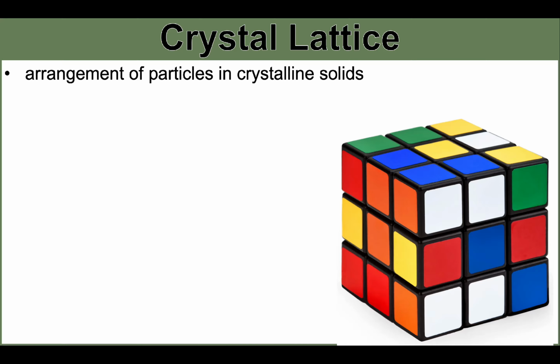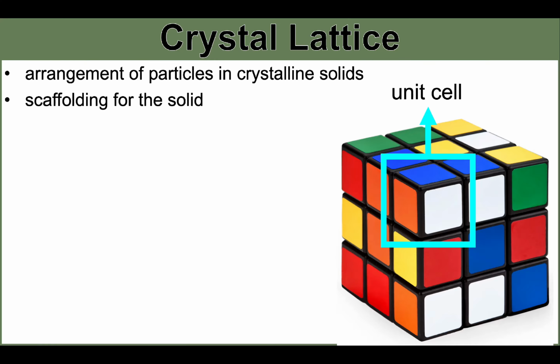This Rubik's Cube is made up of smaller cubes connected to each other. Each cube is what we call a unit cell. Now, the arrangement or structure of these connected cells or cubes is what we call a crystal lattice. So basically, the crystal lattice is like a scaffolding for the solid.